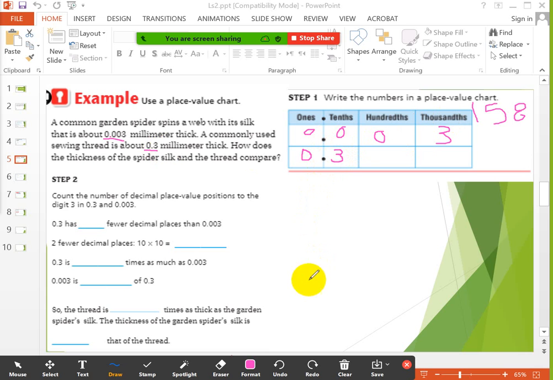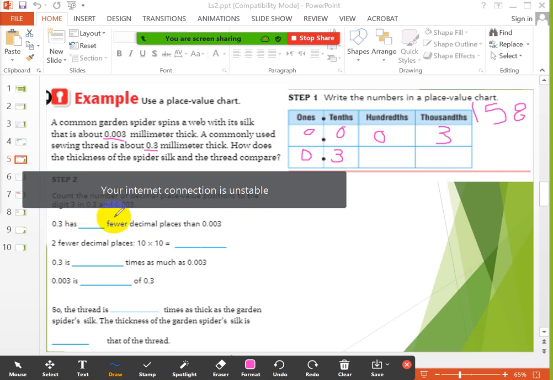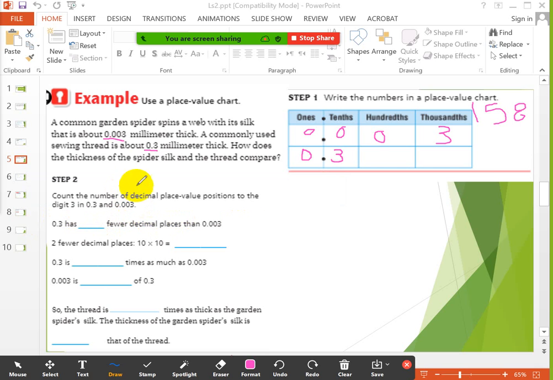So the number will be 0.3 tenths. Okay? Now in step 2, count the number of decimal place value positions to the digit 3 in 0.3 and in 0.003. That means in 0.3 tenths and in 0.3 thousandths.